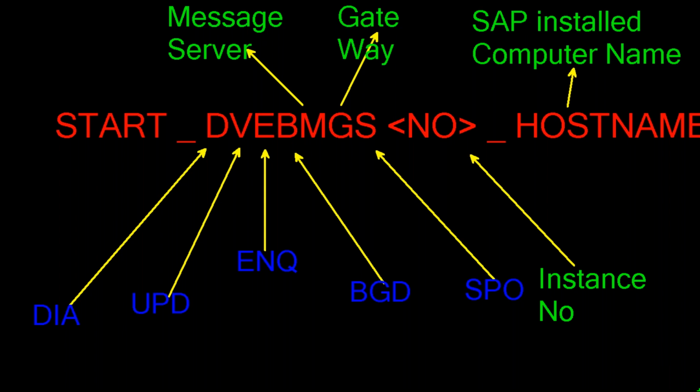Start underscore DVEBMGS number underscore host name. Here DVEBMGS stands for dialog work process, update work process, enqueue work process, background work process, spool work process, message server, gateway, then the instance number and computer name.